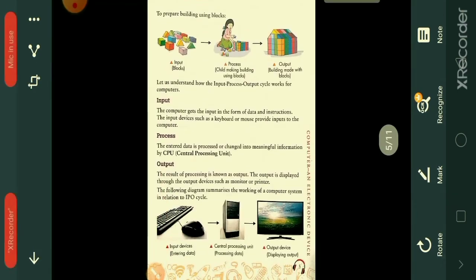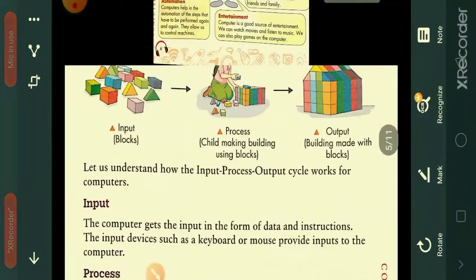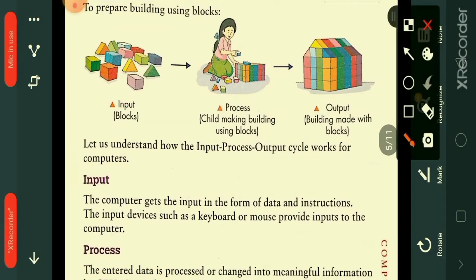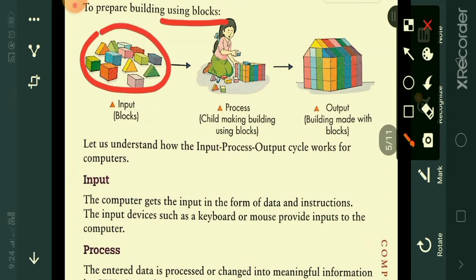Next, one more example we have which follows the IPO cycle in our daily life. To prepare a building using blocks. See, first to prepare a building using blocks we need blocks. These are the blocks. So these blocks are inputs.